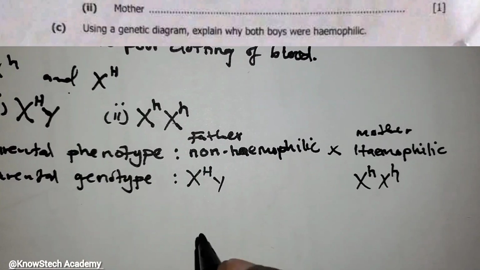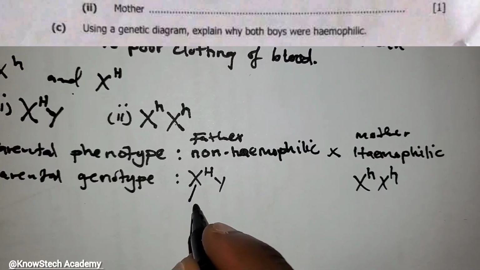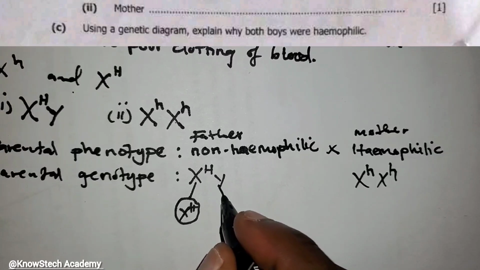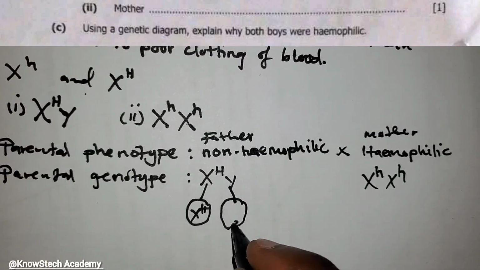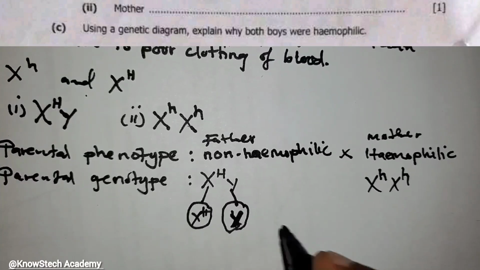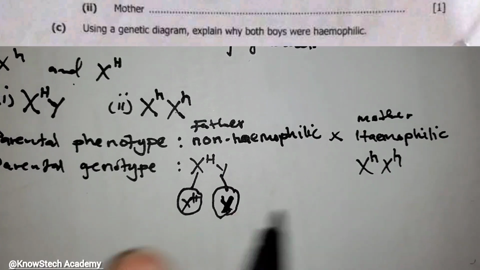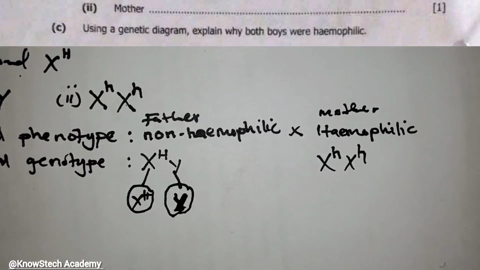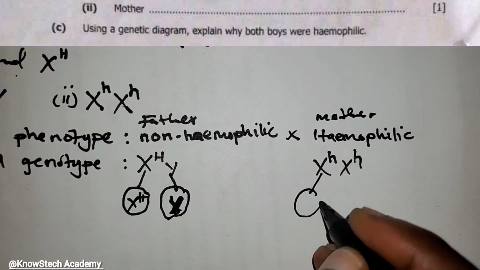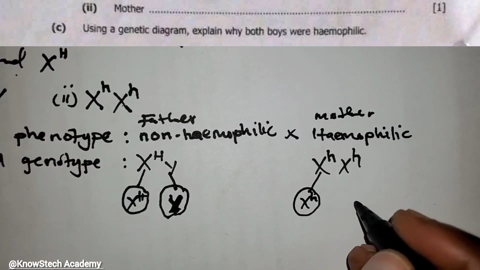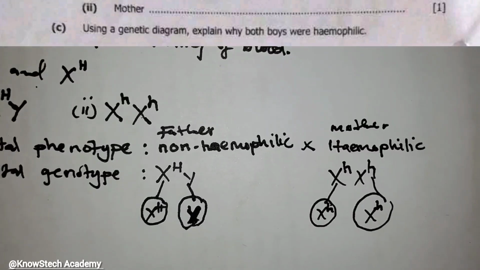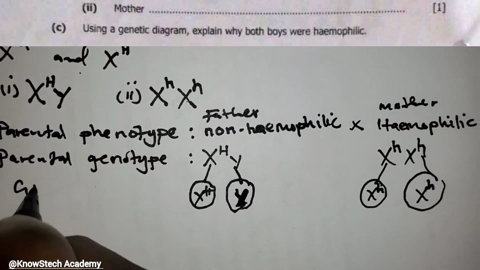Then the gametes can just show like this. Oh, this is Y, sorry, this is Y. Then here you can do the same. These are gametes.